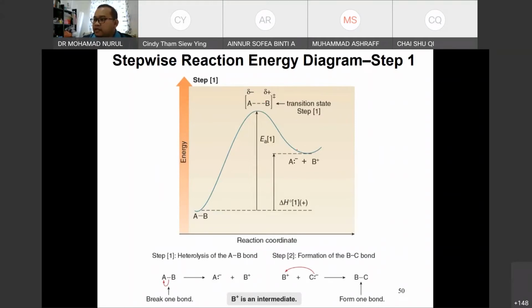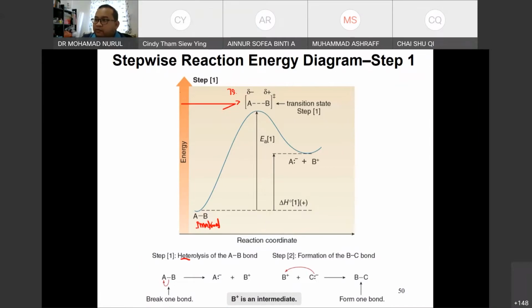What we have here is the heterolysis process of the A–B bond. This one is the starting material, and this one is the transition state. You should show the transition state here, partially charged. Don't forget the brackets and the double dagger sign.